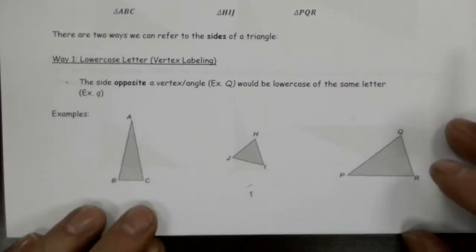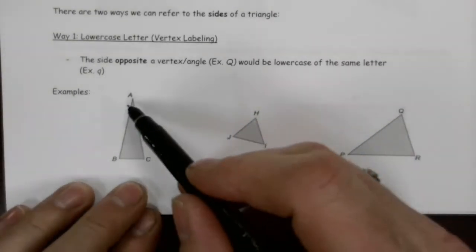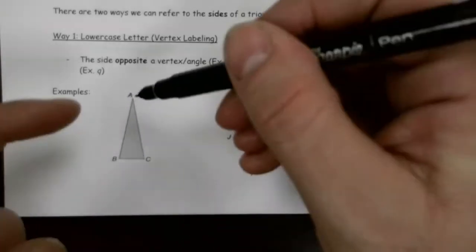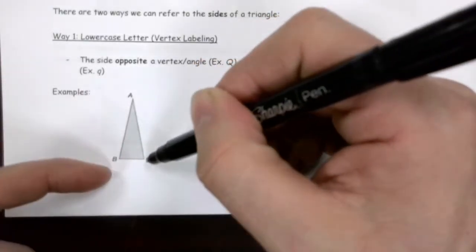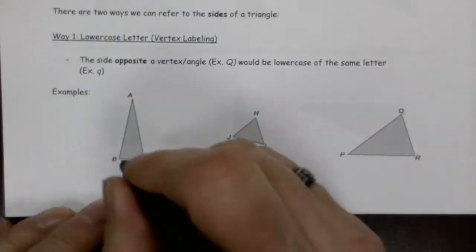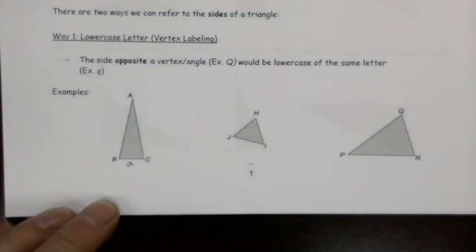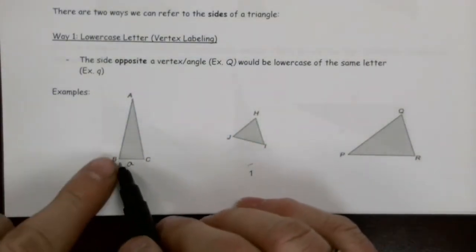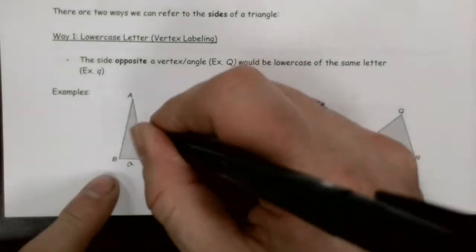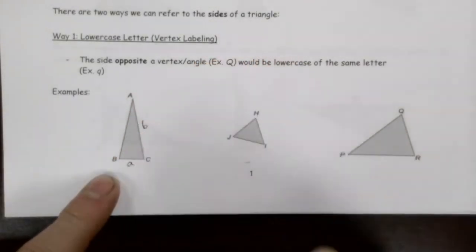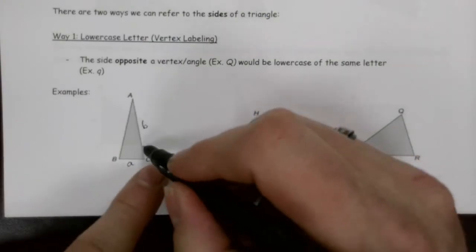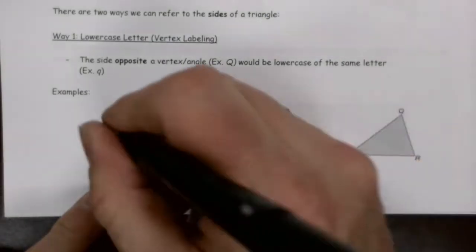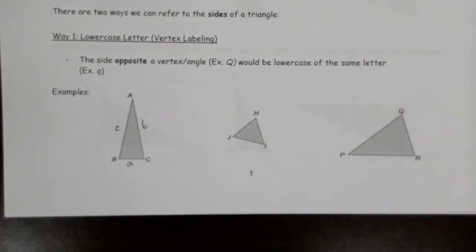So right here, here's vertex A. The sides come out here. This is the side that's opposite it, and I would put little a right there. Here's vertex B. The opposite side would be lowercase b. This is vertex C. So on the other side of the triangle, this would be lowercase c.